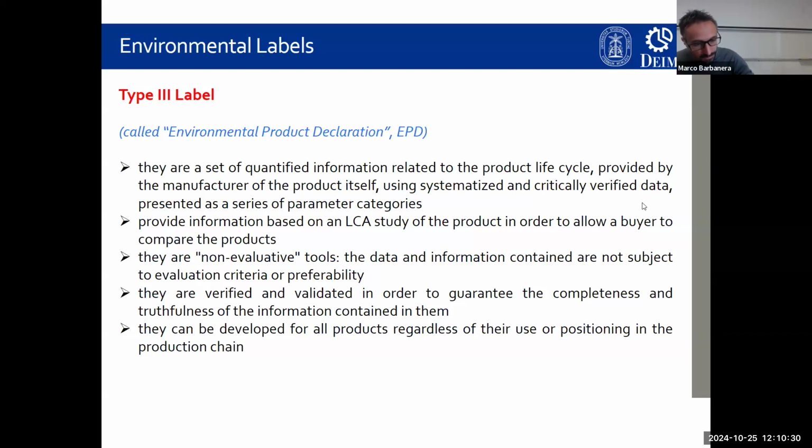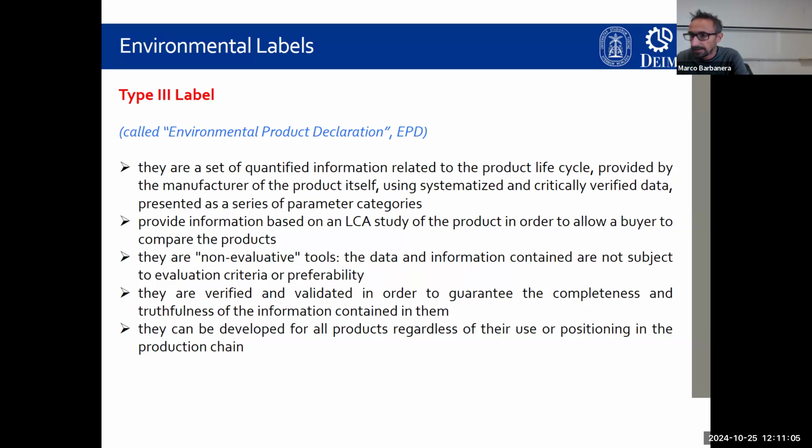Okay, so we have seen the first two types of environmental label. Now we have to see the main features about the third kind of environmental label, the type 3. Type 3 label is also called as environmental product declaration.